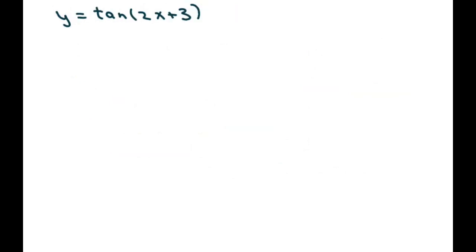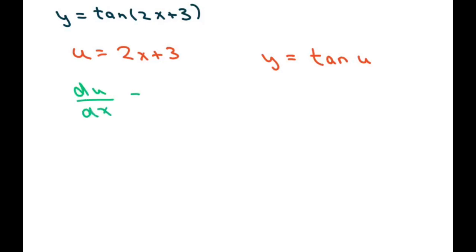The next problem I have is tangent. So I'm going to let u be my inner function, which is 2x plus 3, and my y equal tan of u, my inner function. Now when you take the derivative of u with respect to x, that just equals 2, and the derivative of y with respect to u, the derivative of tan, is just 1 over cosine squared of u.